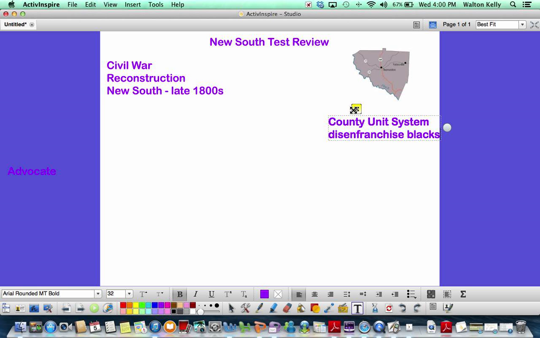And the way they did this is the county was divided up into different areas. They had the urban areas, which is more like the city, like Thomaston, and then we have the rural areas, which was more like the county or the country.